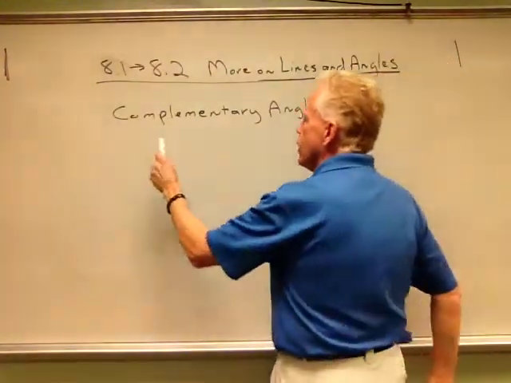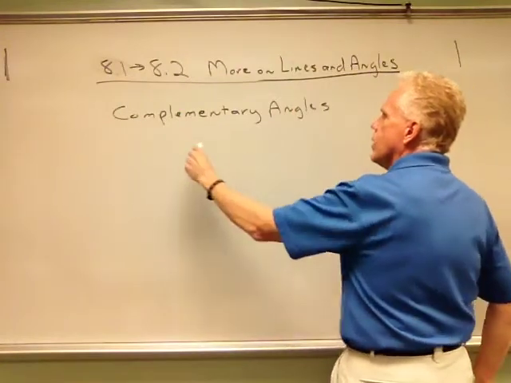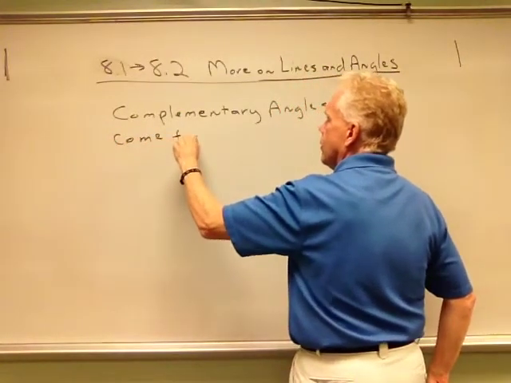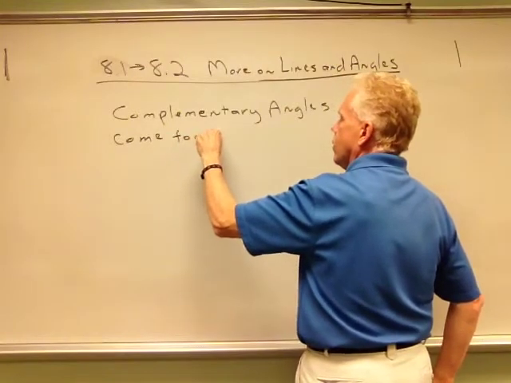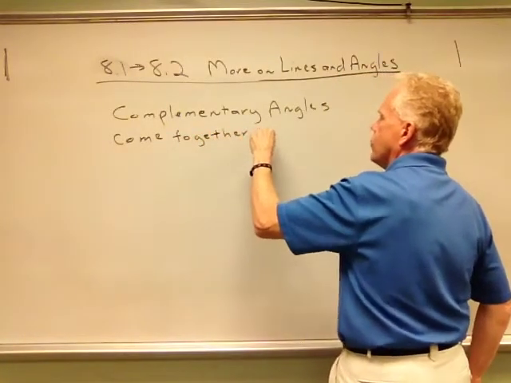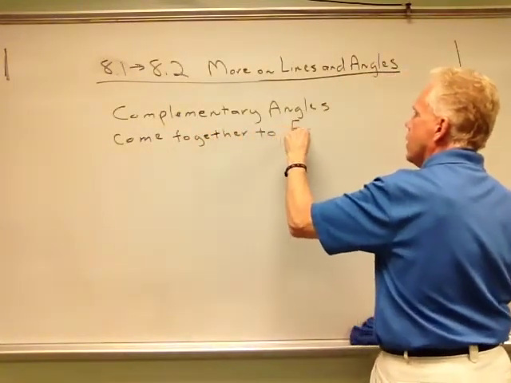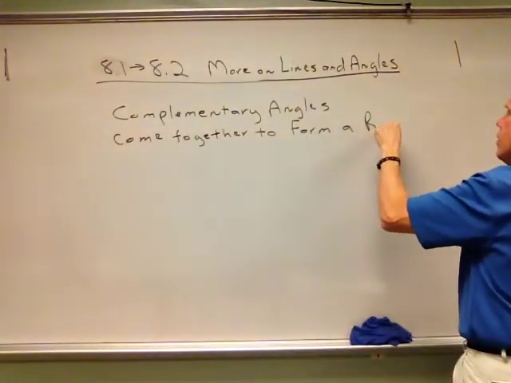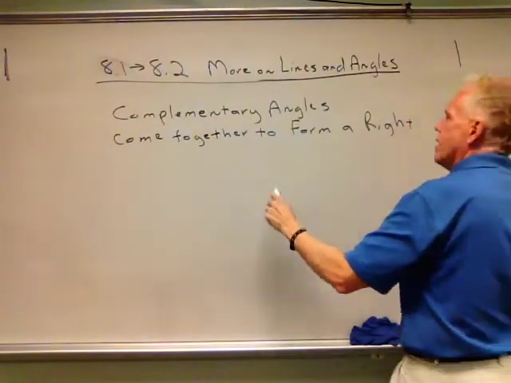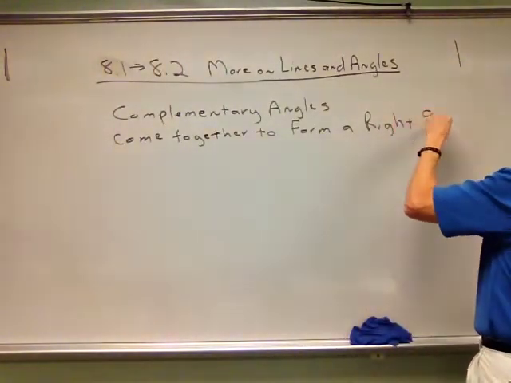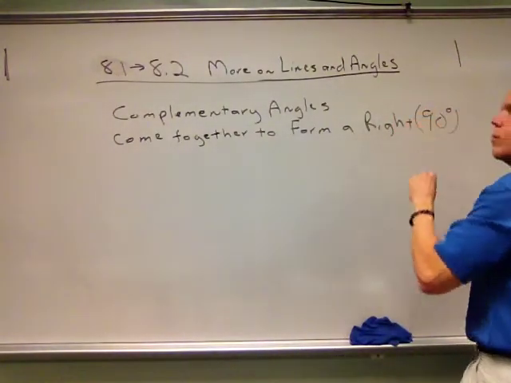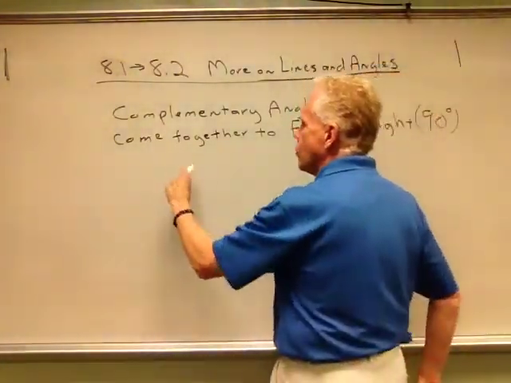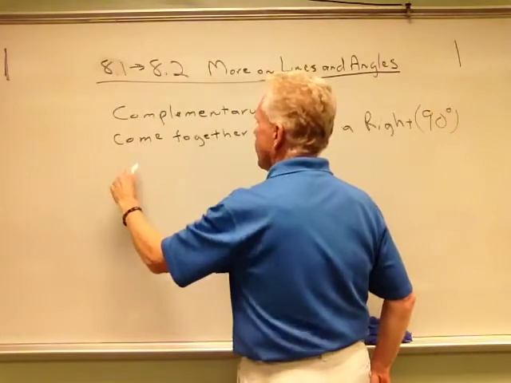Complementary angles come together to form a right, that is 90-degree angle. Remember, when we say right angle, we mean 90-degree angle. They come together to form a right or 90-degree angle.